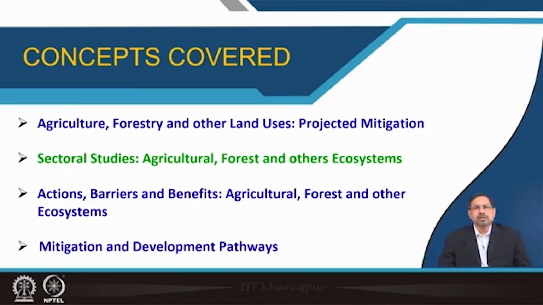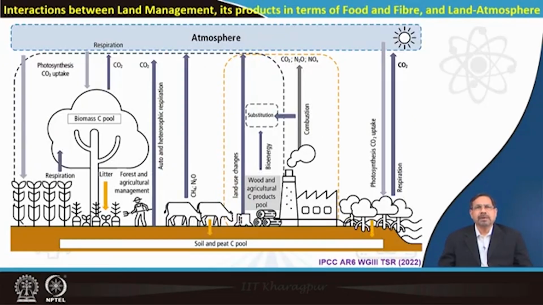And then we will also talk about these three sectors in individual, in terms of agriculture, in terms of forest and in terms of various other land uses. We will also see what are the different barriers and benefits and what are the different mitigation and development pathways.